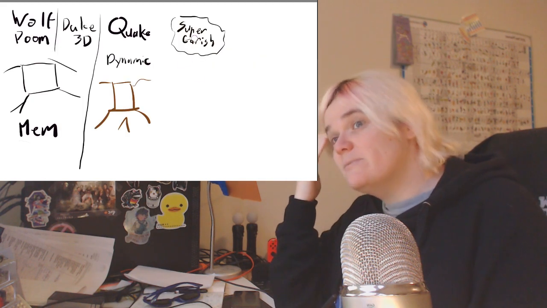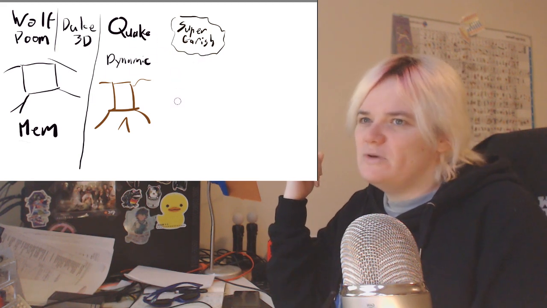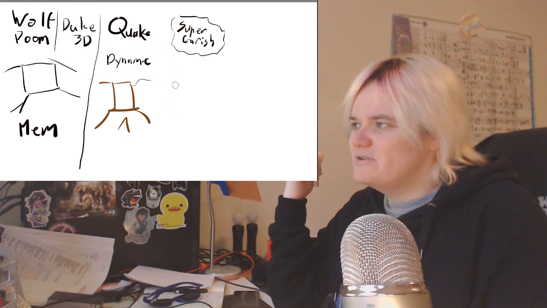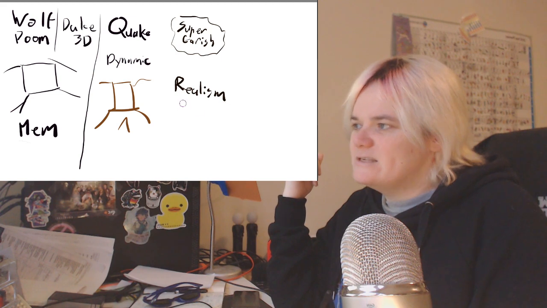So you do have some games go this route, but with Quake we start with the dynamic lighting and everything, we start to go much more towards realism as a style.